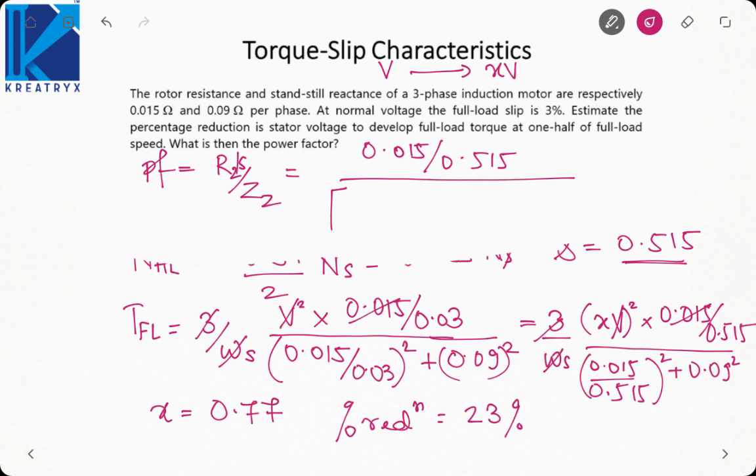Now Z2 will be 0.015 by 0.515 square plus 0.09 square under root. That will be the power factor. It comes out to be 0.3. Okay. That is, in such a case, the motor operates at a very low power factor or it consumes a large amount of reactive power.